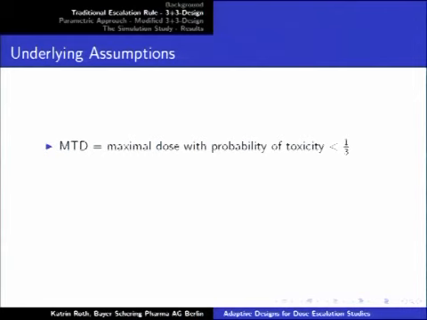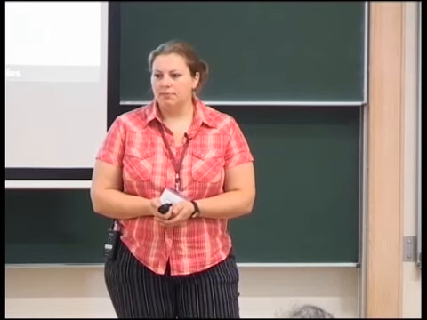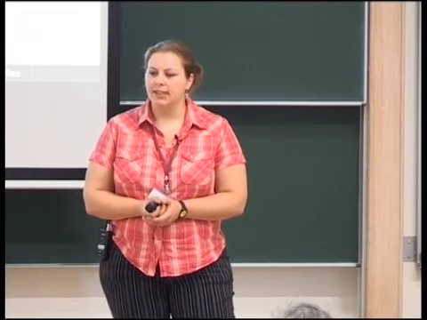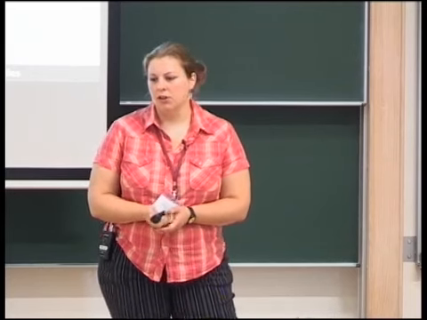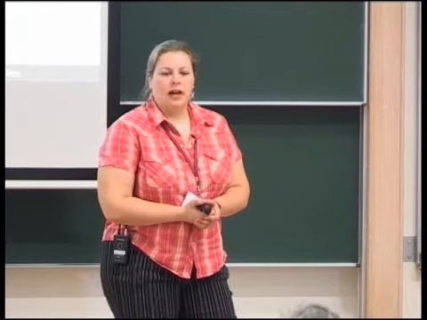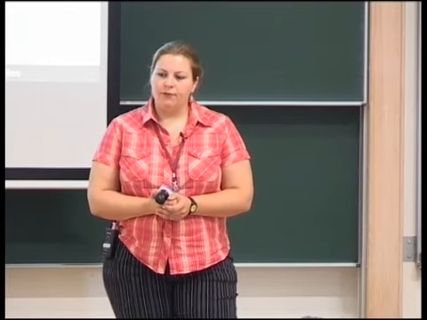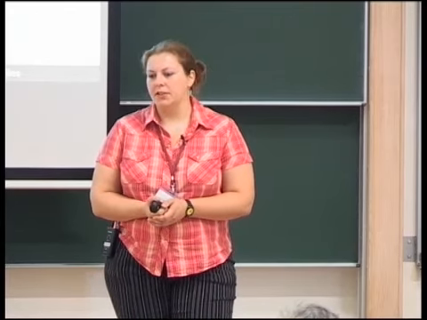For this design, we need some assumptions. First of all, we assume that the maximum tolerated dose is the maximal dose with probability of toxicity less than 1/3. And the outcome is a binary toxicity outcome. We have to define the so-called dose-limiting toxicities.